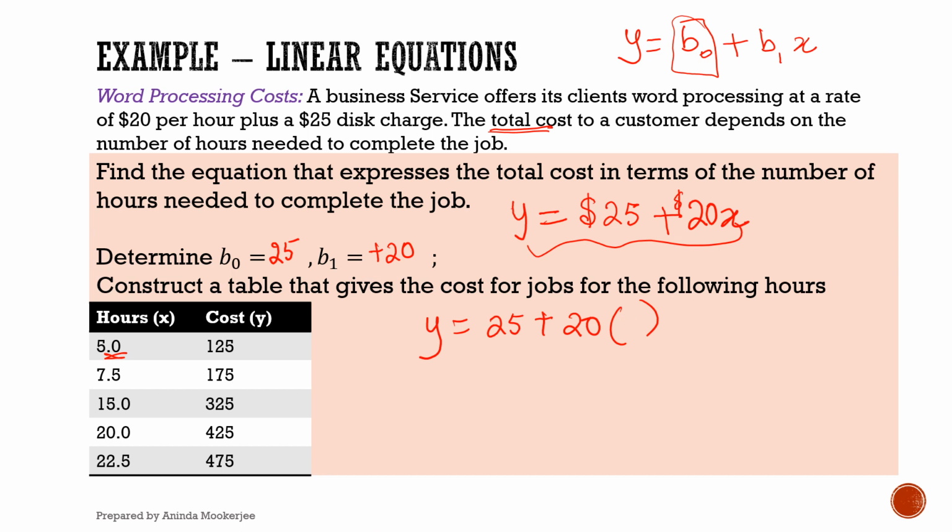We shouldn't write x; let's replace that with 5. So y is going to be 25 plus 20 times 5, which is 100. Therefore, the cost is going to be $125, and that's what they have here. Likewise, for 7.5, we just plug 7.5 into x, do the calculation, and come up with a y value. That's how this is going to work for application problems like this.